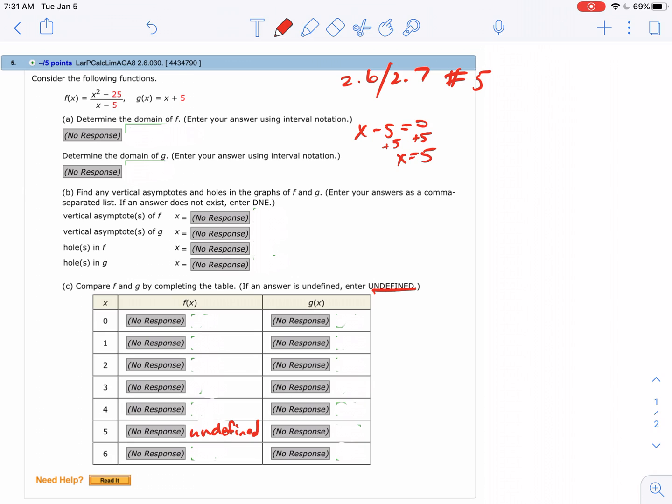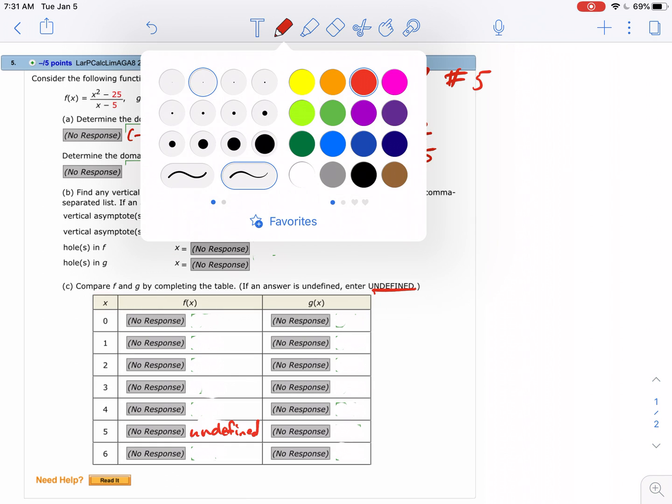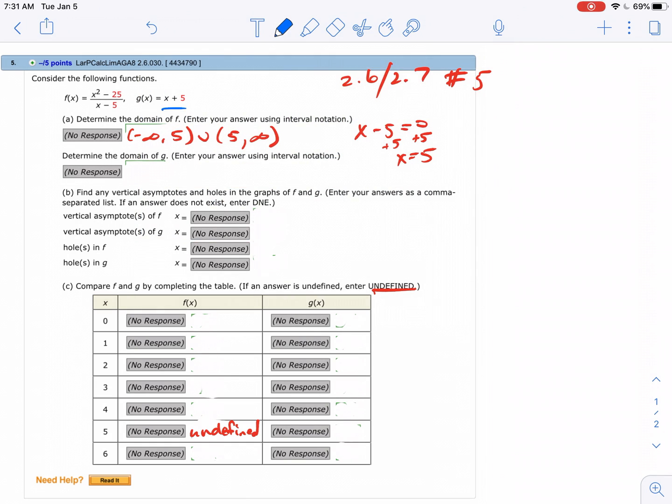So the domain then would be all the numbers that would not be equal to 5. So you do negative infinity to 5, 5 to infinity. And then when you look at the domain of g, that's just the linear, right? So that would be negative infinity to infinity.